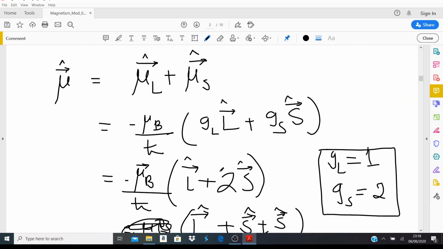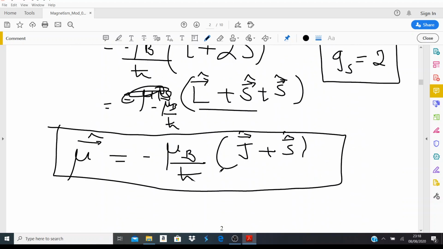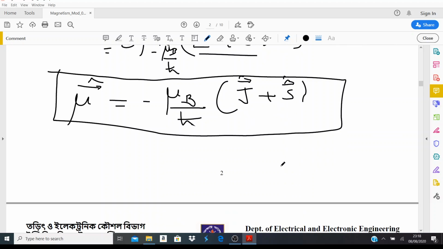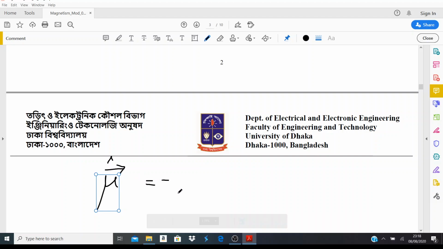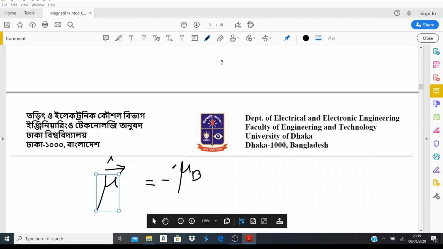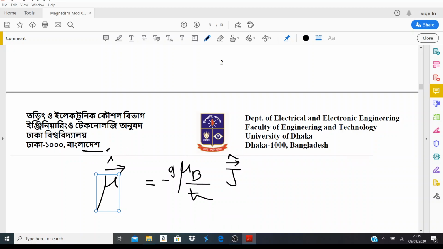Now the question is, can we write something similar for the total magnetic moment? Because here you see we are adding J plus S. Can we write the total magnetic moment of an electron in terms of some g factor times mu B by h bar, and since this is the total magnetic moment, it should be related with the total angular momentum of the electron?